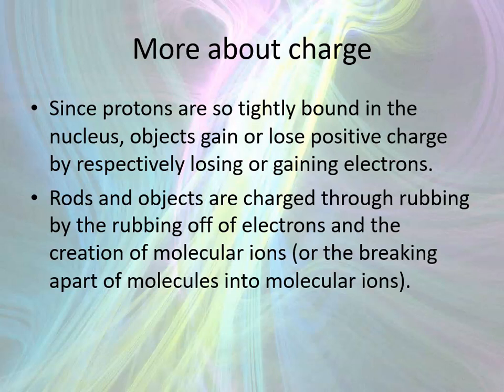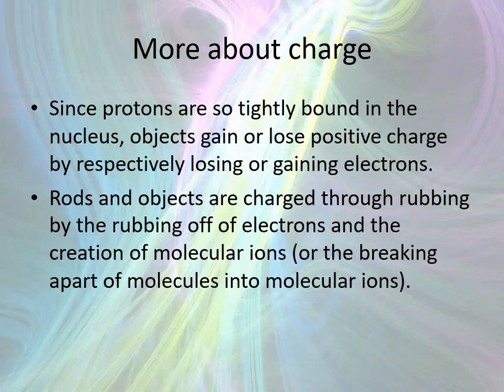So, the thing is, a proton has a mass that is about 1,836 times the mass of the electron. Because protons are so massive and so tightly bound within the atomic nucleus, what's actually happening when objects gain or lose positive charge is that they are losing or gaining electrons.